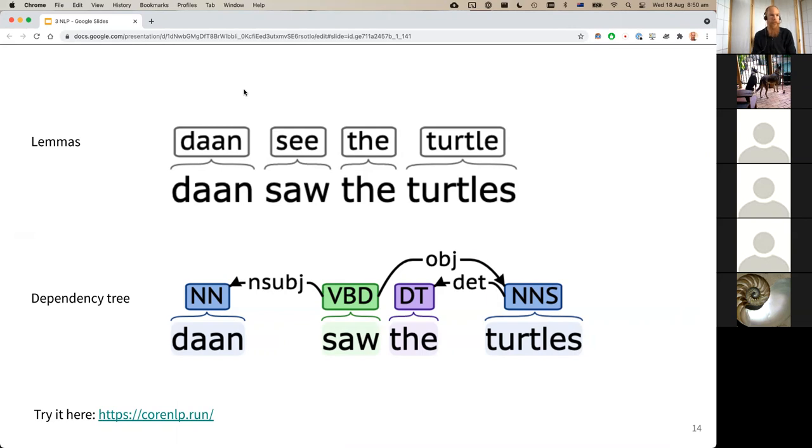We can use these processes of dependency parsing to work out who the subjects or the modifiers, who's being spoken about at the time.